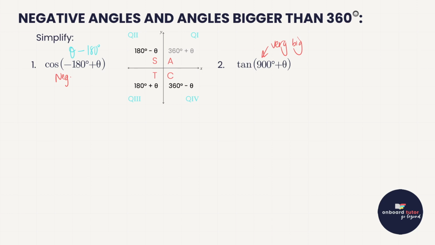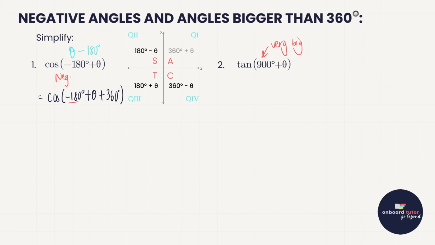And so what I'm allowed to do is for an angle like this first one, where it's negative, I'm allowed to rewrite that then and say, well, this is going to be cos of minus 180 plus theta plus 360 degrees. It's kind of like multiplying by 1 because all I'm doing is going all the way around, ending up at exactly the same place, but I've added 360.